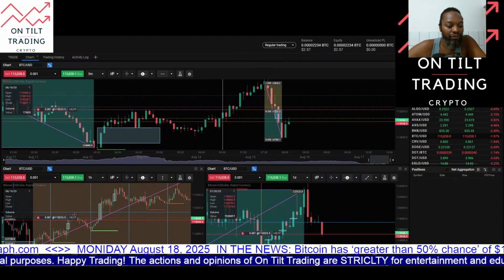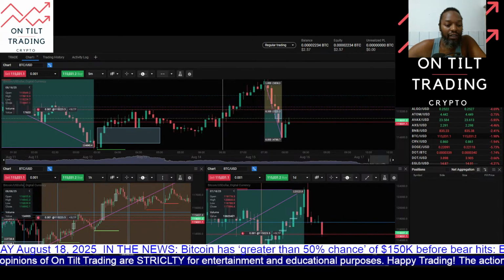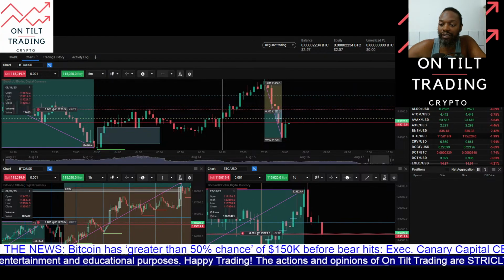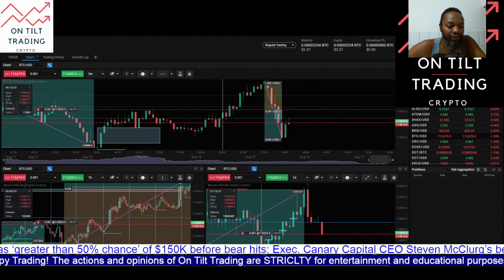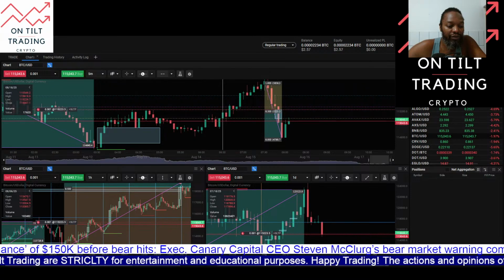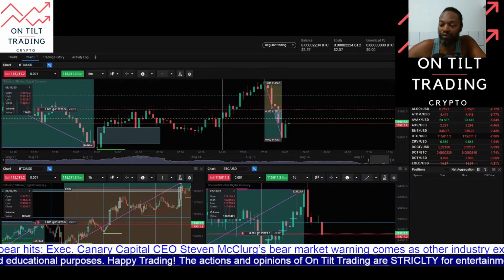So I'm looking for price to potentially sell through this dealing range on the 60-minute and currently targeting this liquidity here. There's going to be sell side liquidity resting right below this level. So this is where I want to target.